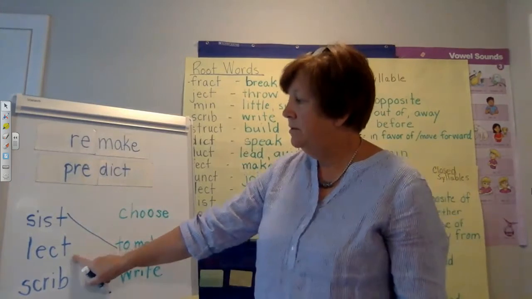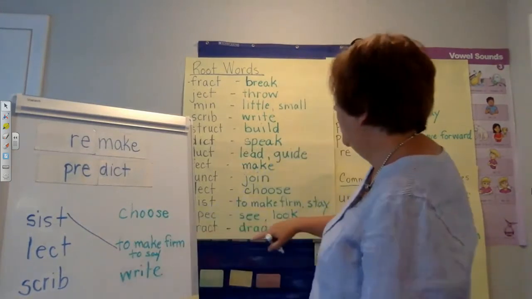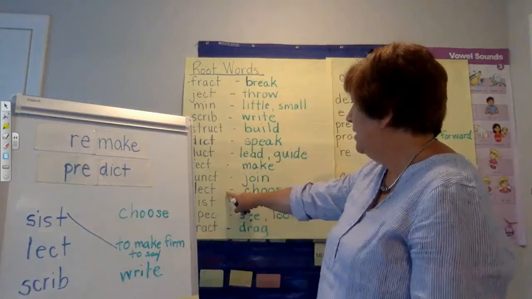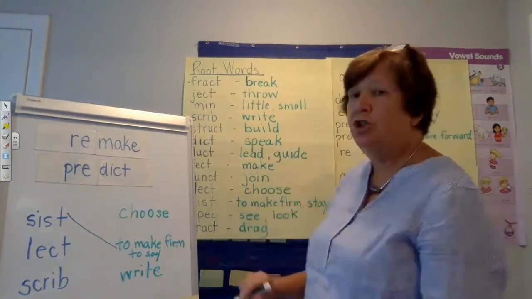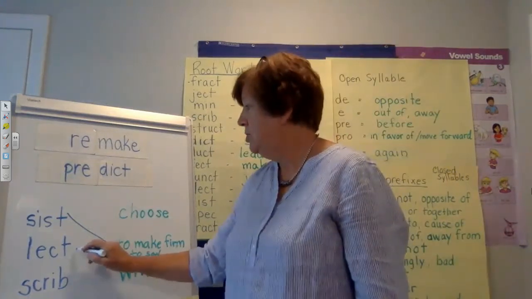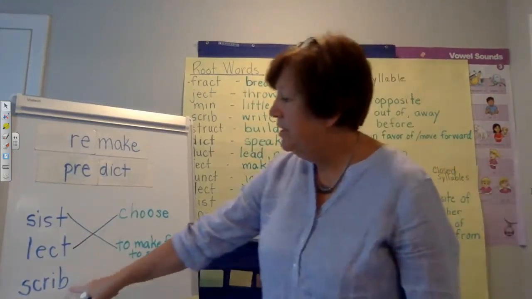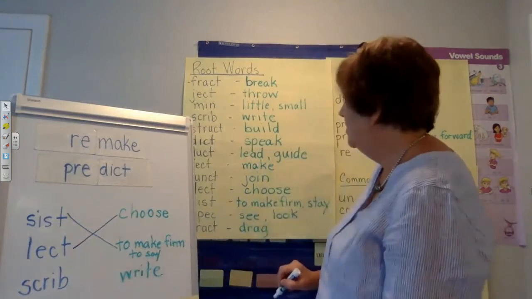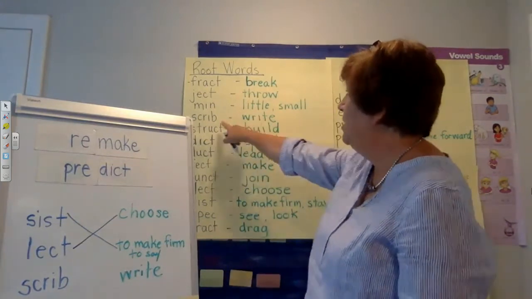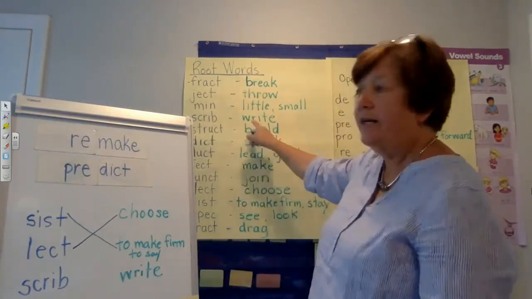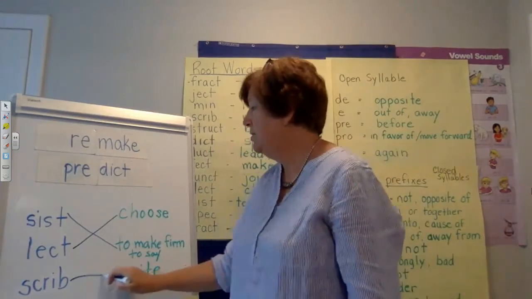The next one, lect. Lect, L-E-C-T, means to choose. Lect means to choose. All right, and the last one, scrib. Let's look up here. Scrib means to write. Scrib means to write.